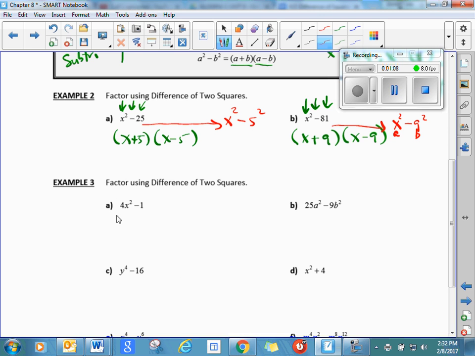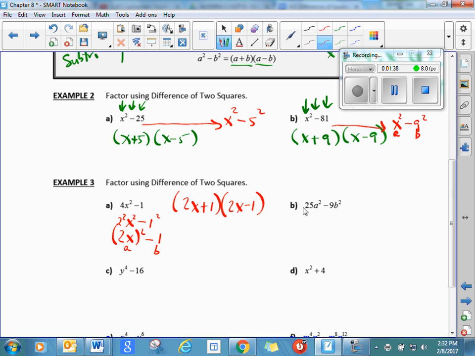But if we notice that 4x squared can be written as 2 squared x squared, and 1, of course, can be written as 1 squared. So this 2x is all squared minus 1. This becomes my a, and this becomes my b. So my factored form is 2x plus 1 and 2x minus 1.